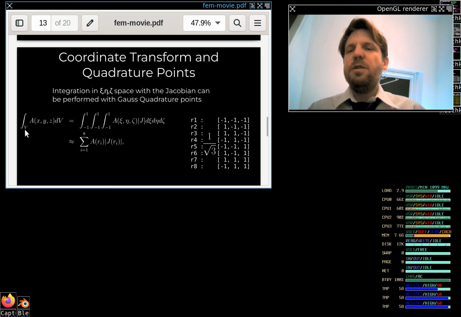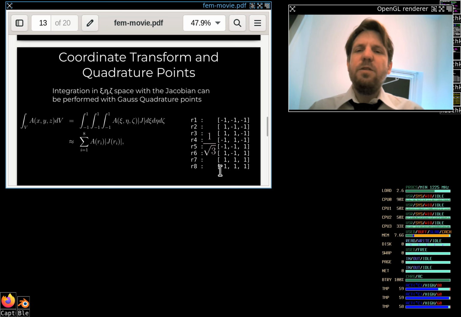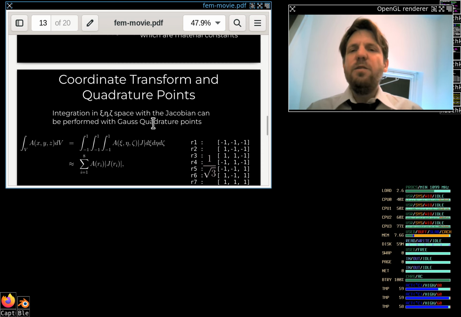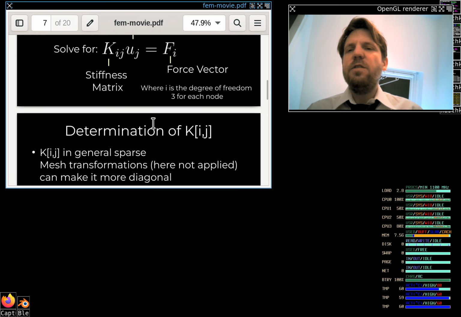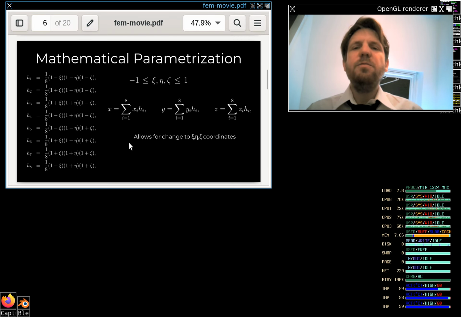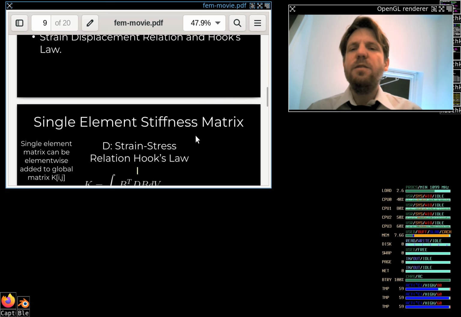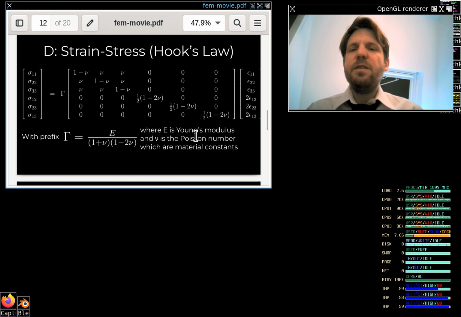If you have a volume with A in XYZ, as I've shown you, with the transformation that we have here, and you want to integrate this field over this volume, you can do this with this coordinate transformation using those shape functions by calculating the J, which is very easy because these shape functions are very easily derivable by hand, so you can plug this in and get your J matrix out.